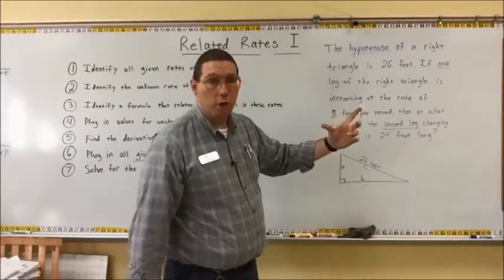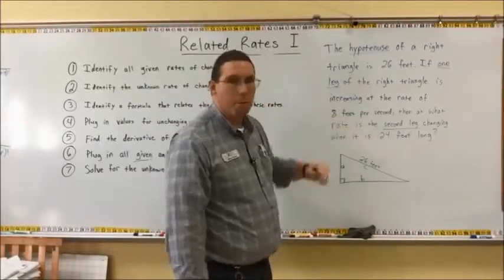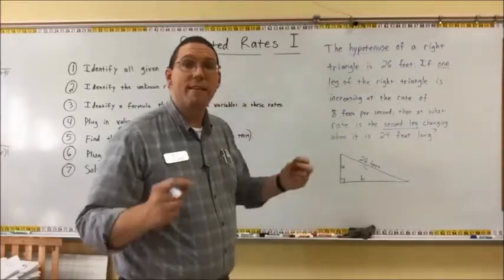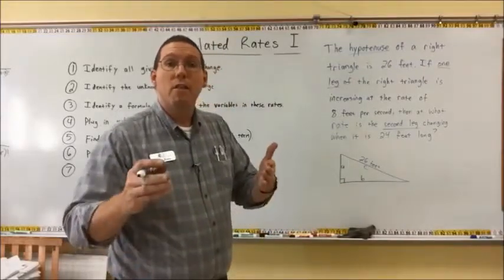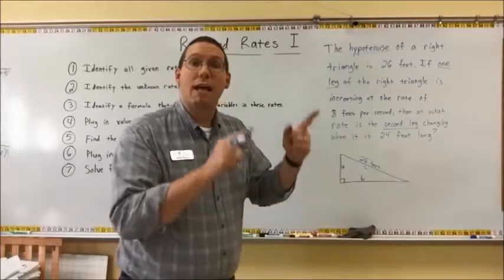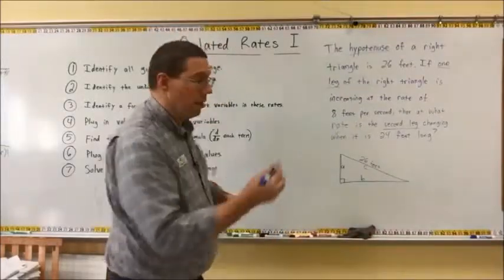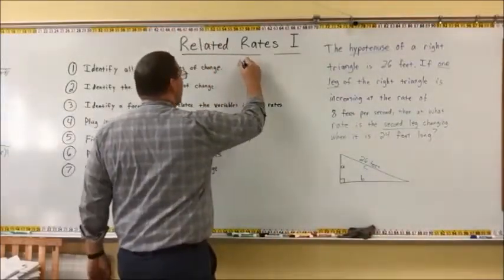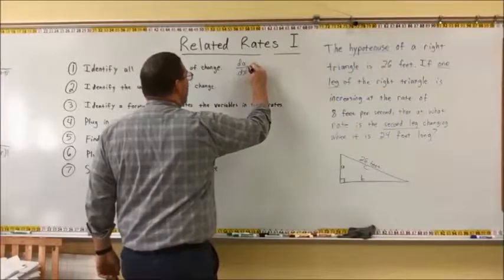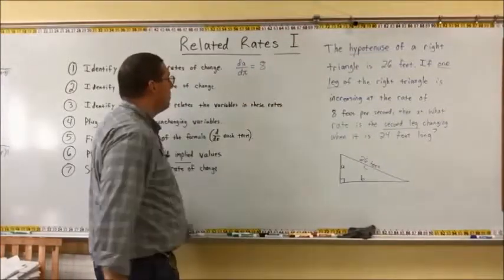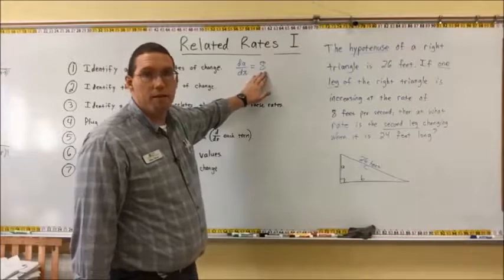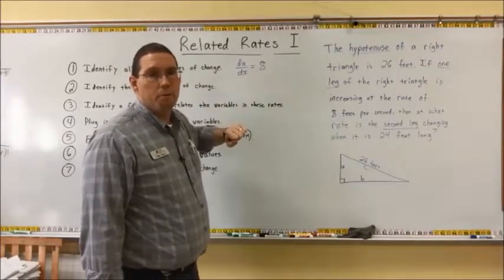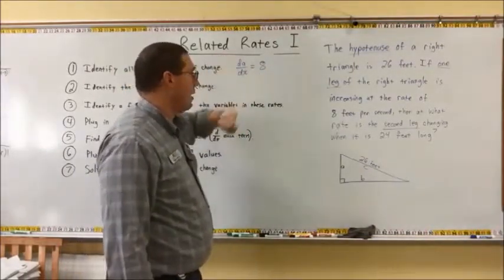It's getting longer at the rate of 8 feet per second. That's a rate of change. That's a d/dt. And it's the length of leg A, so that's dA/dt. So we're going to say that dA/dt is equal to 8 because it's increasing, that's positive, at the rate of 8 feet per second. So dA/dt is 8.